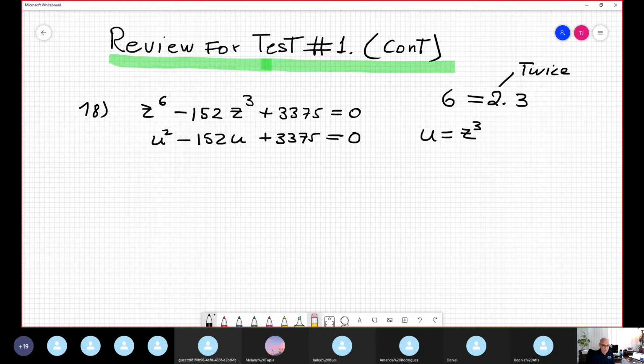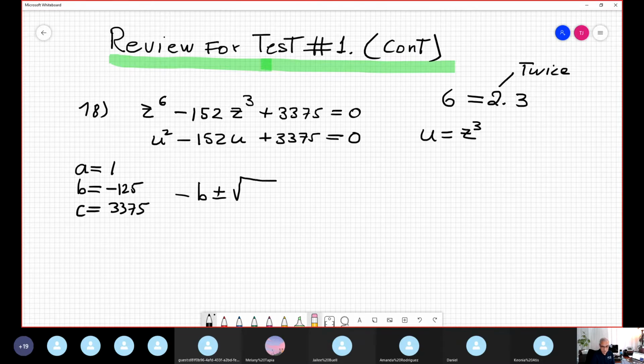Now you apply the quadratic formula. A, B, C. A is 1, B is negative 152, and C is 3,375. Don't be scared. It's a big number because we are using a calculator. And we apply 152.